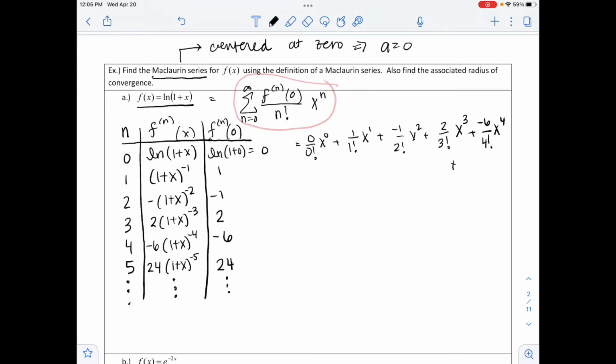And then the next term would be 24 over 5 factorial x to the 5th, and then dot dot dot. This would continue on.